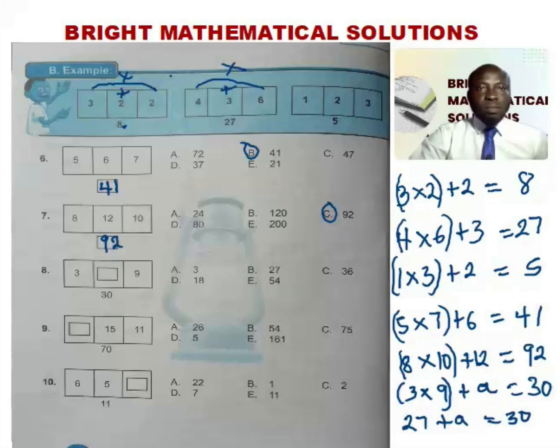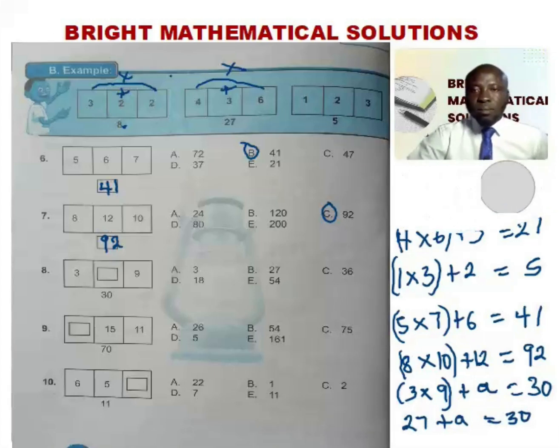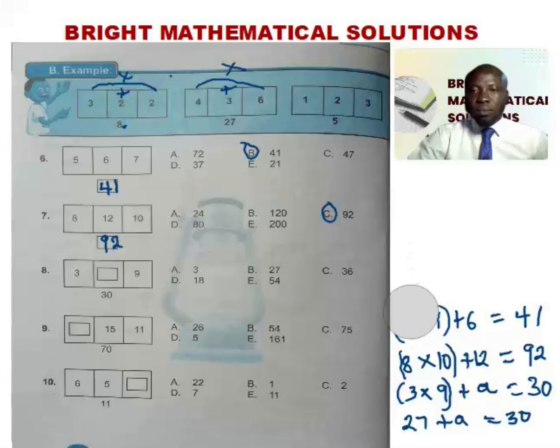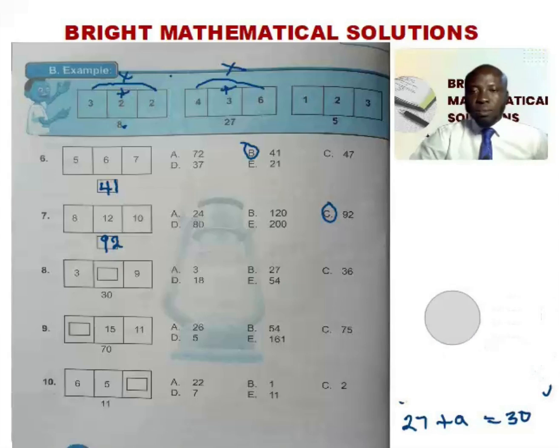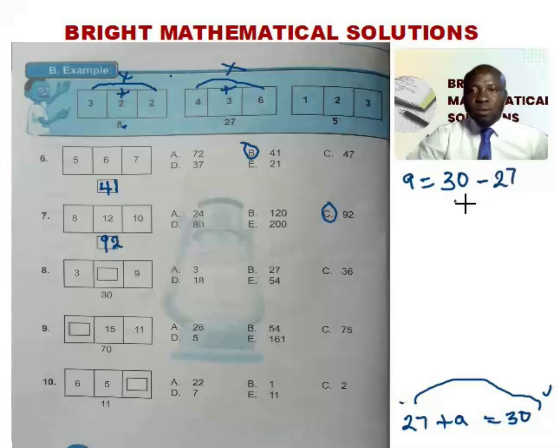Let me rub this part. We take the 27 from this side to the other side so that we can have a value for A. So A equals 30 minus 27, which is 3. So our missing number here is 3.